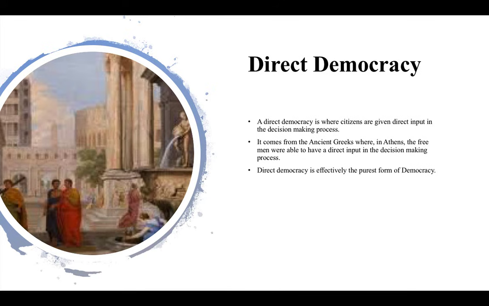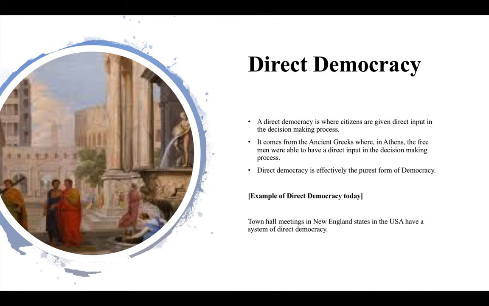It's quite rare in the modern world, and there are only a couple of examples of a direct democracy today. One is town hall meetings in New England states in the USA, which have a system of direct democracy, where the general population all get a say in decisions made by town halls.